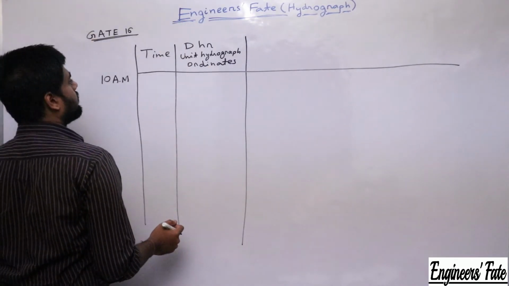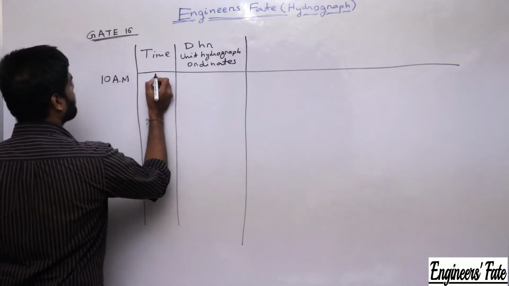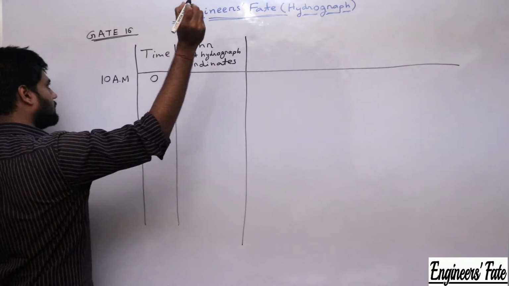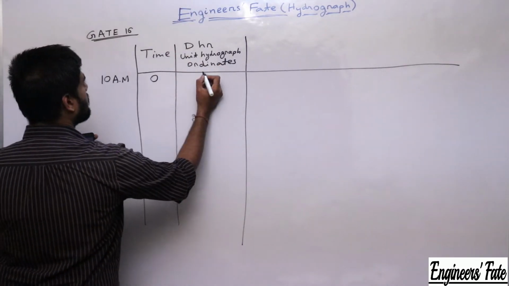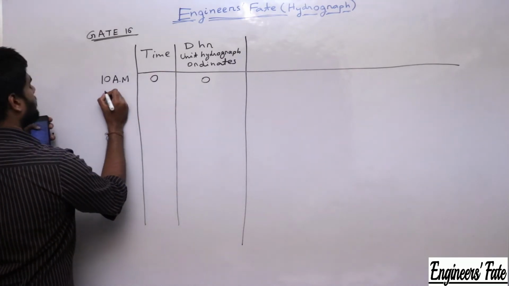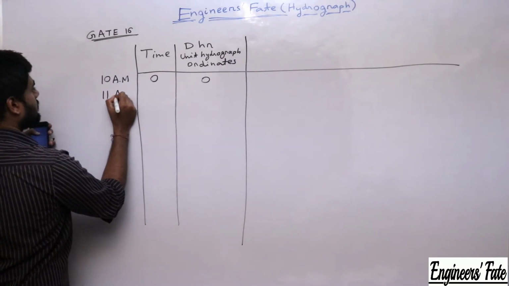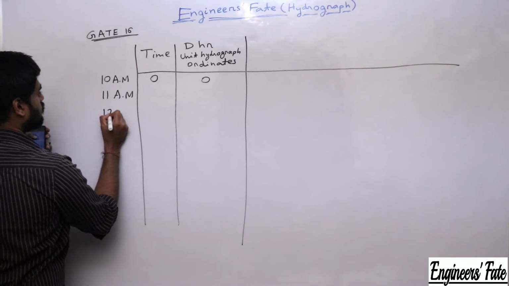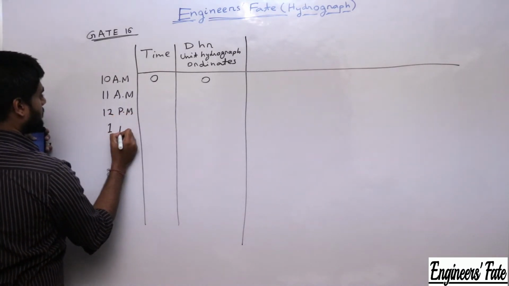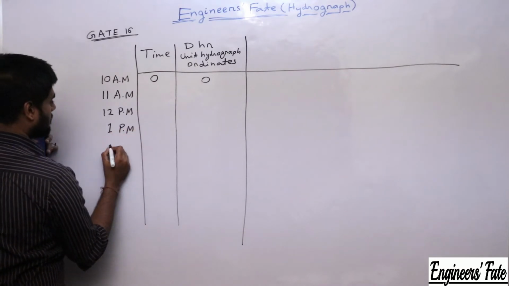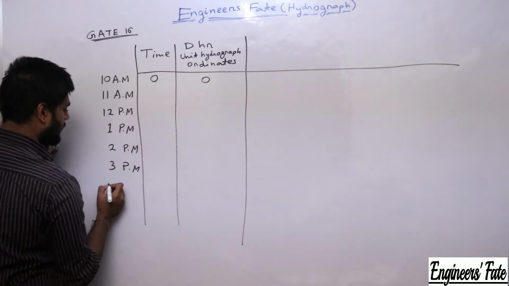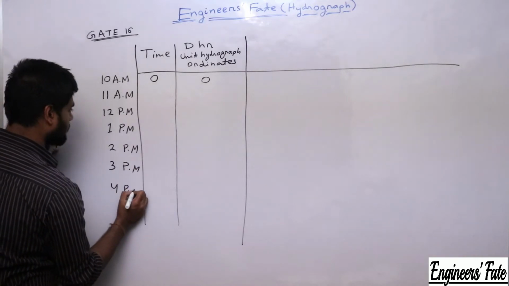So the time at 10 am I can write as 0, and the ordinate corresponding to 0 is 0. Then 10 am to 11 am, 11 am to 12 pm, 12 pm to 1 pm, 1 pm to 2 pm, 2 pm to 3 pm, and 3 pm to 4 pm.